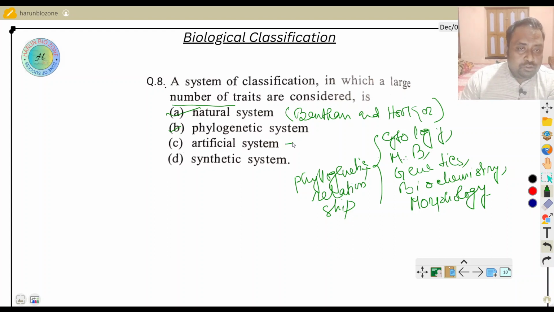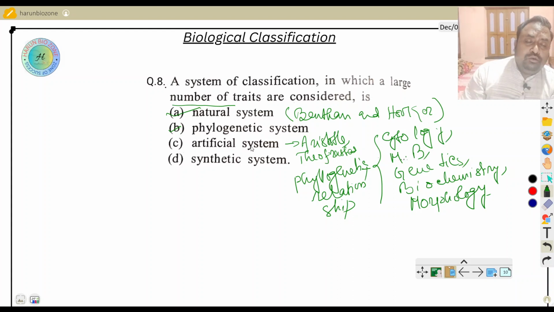Artificial system proposed by Aristotle, Theophrastus, etc. Because in the artificial system of classification only a few traits, two or few characters are taken, but in the natural system of classification, a large number of characters are taken. But in the phylogenetic system of classification, the phylogenetic relation among organisms is taken.